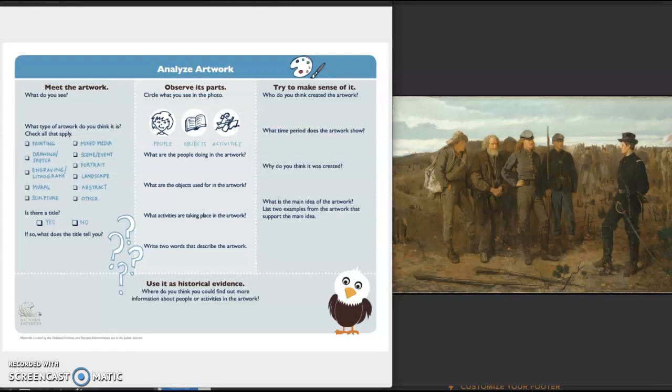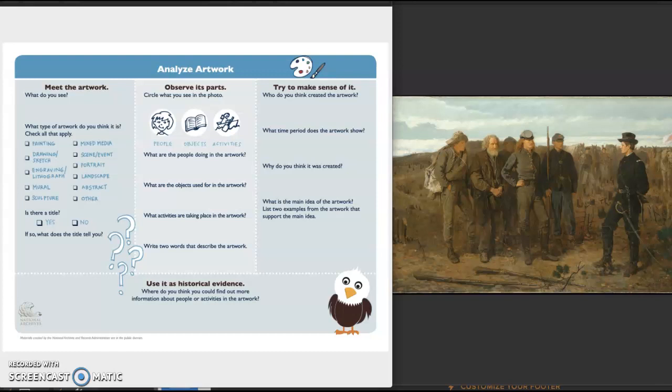Then there are also people in blue, which would be the Union, and it looks like they are surrendering. They are very timid in the sense that they have very ragged clothes. They vary in age too, and they look very distraught and disappointed in the result.